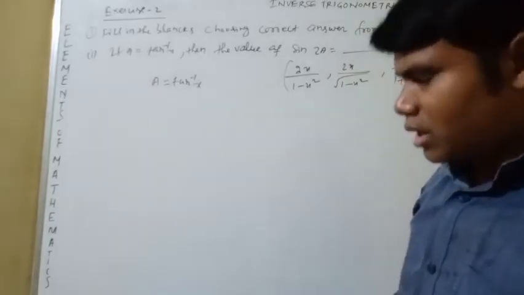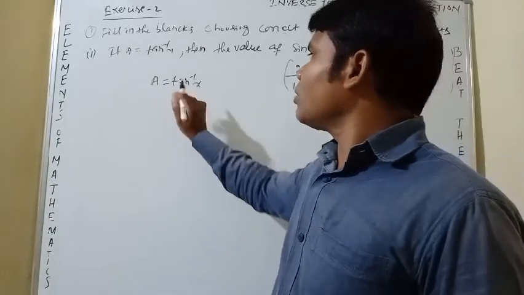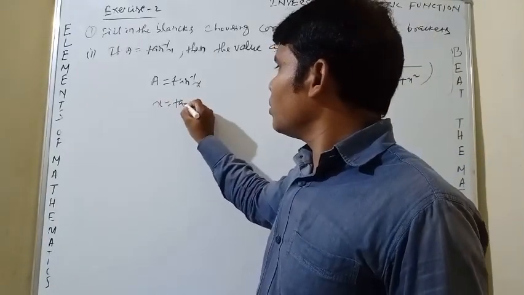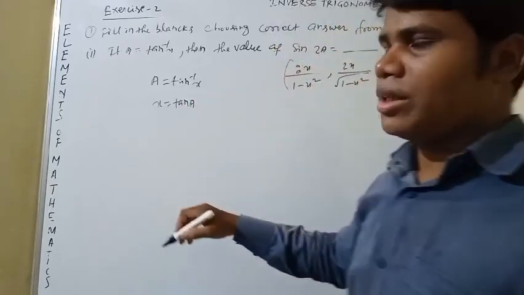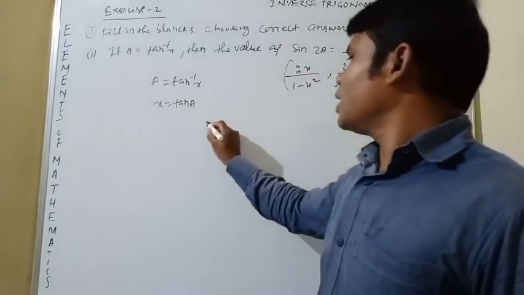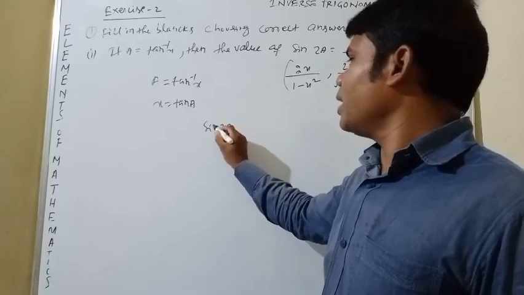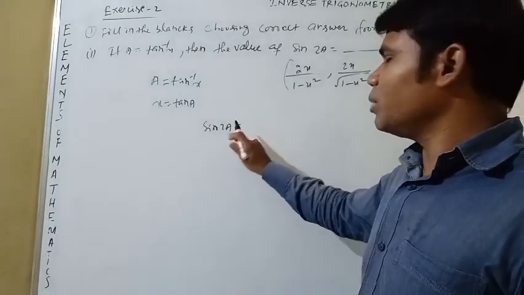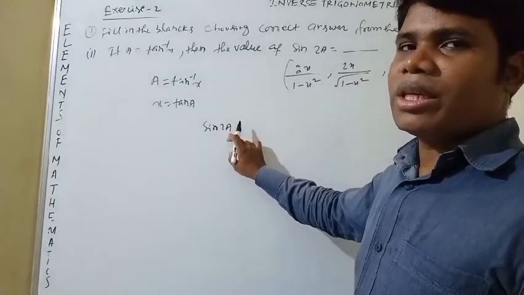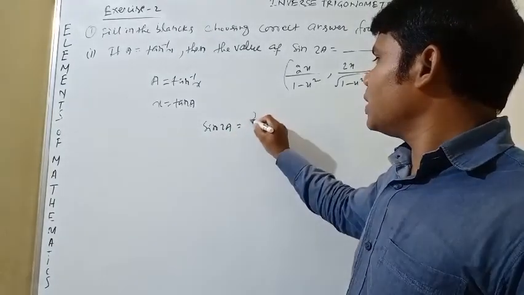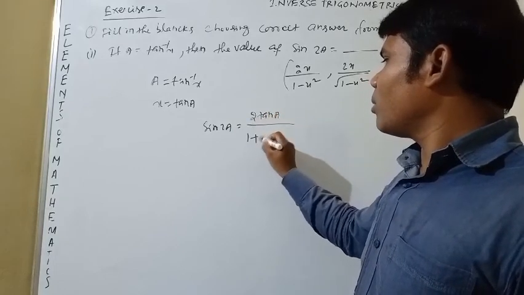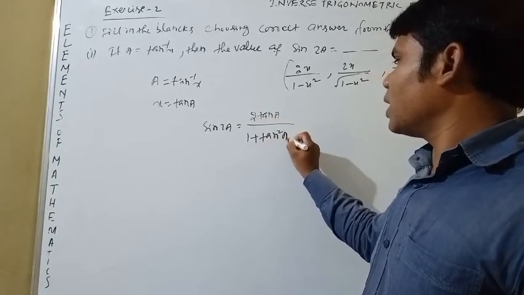In this question, a is equal to tan inverse x is given, that is x is equal to tan a. We have to find sin 2a. You know the formula: sin 2a expressed in terms of tan a is 2 tan a by 1 plus tan square a.